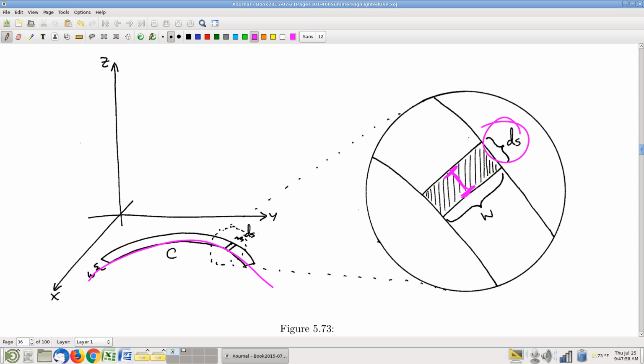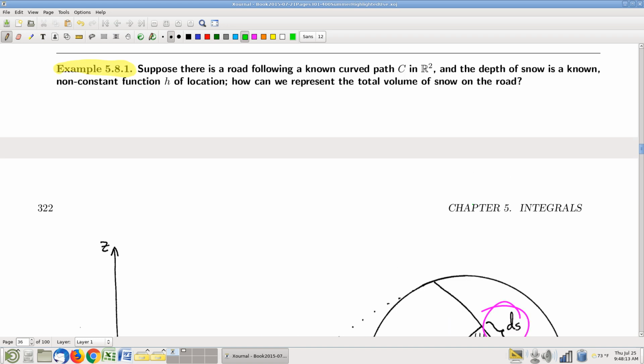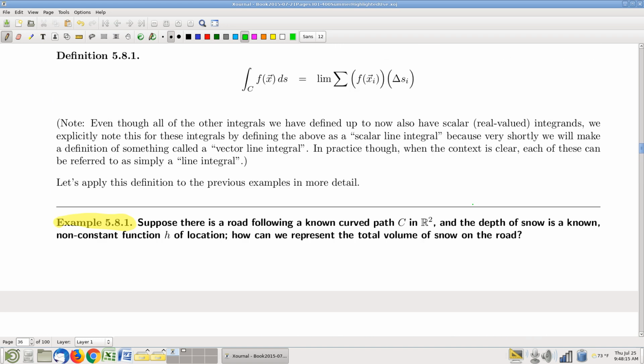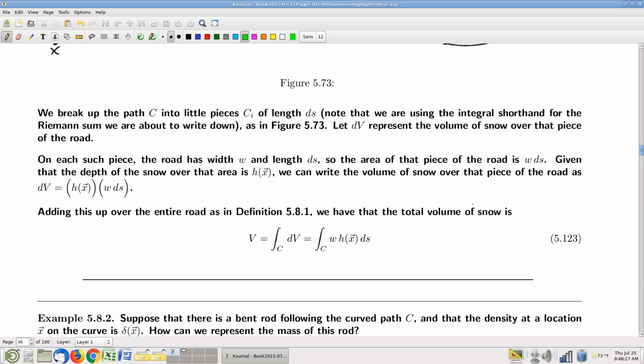And, well, how much snow do I have there? Okay, well, this is just a matter of writing it down, and the length of that little piece of driveway is ds. The width of the driveway there, well, that's some constant. Look at the statement of the question. What is it, like 8 feet or something? I'm just calling it W. Yeah, but maybe it's 8 feet.